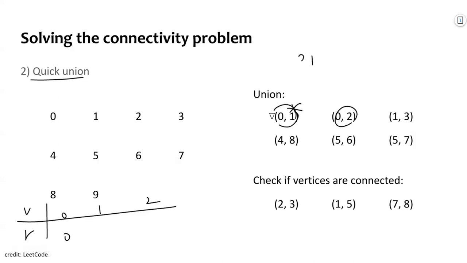And after uniting 0 and 1, we're going to update the root of 0 as 1, like this. And the next step, when we update this operation, we unite 0 and 2. This was originally 2. However, we need to make it 1 in the case of quick find.